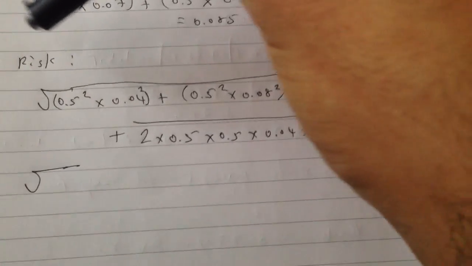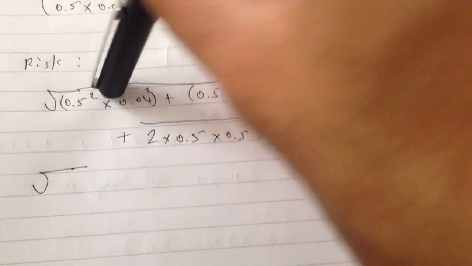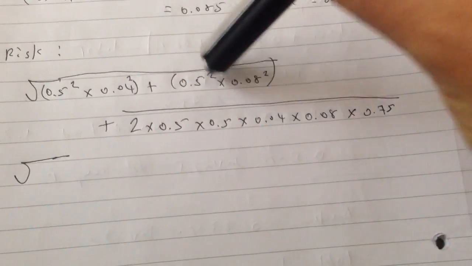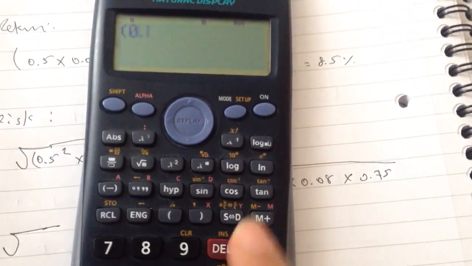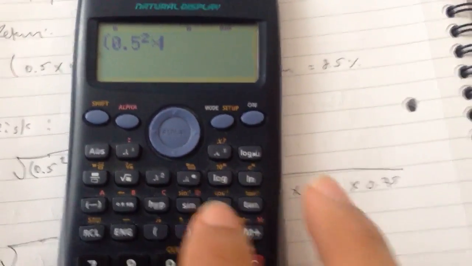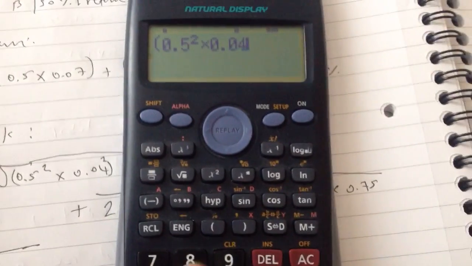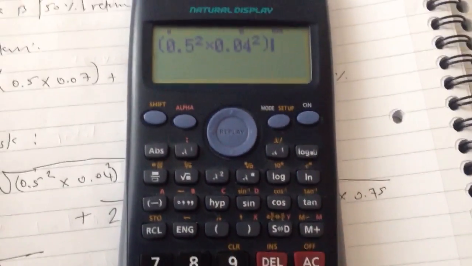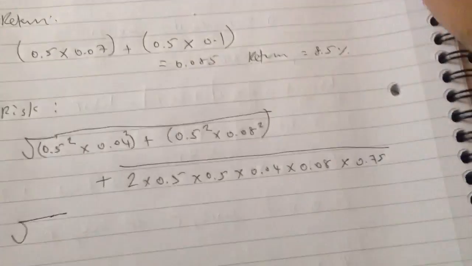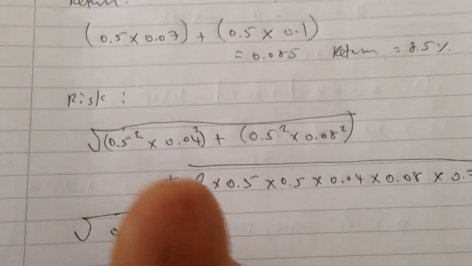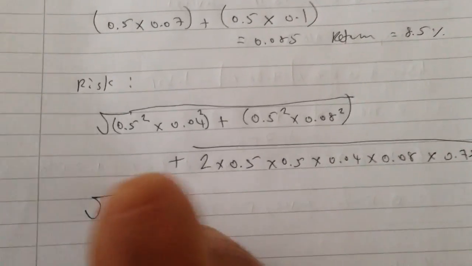So we want to do it in 3 sections. When we're doing it in the calculator, we want to do this bit first, this bit second, and then this bit here. The first bit, 0.5 squared multiplied by 0.04 squared equals 0.0004.